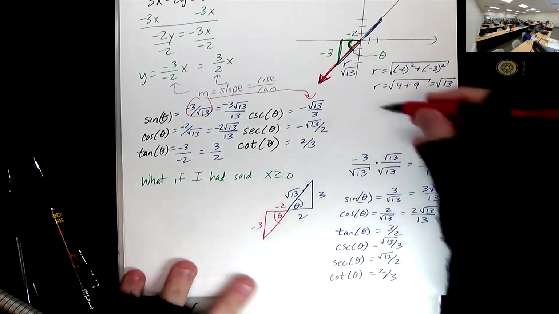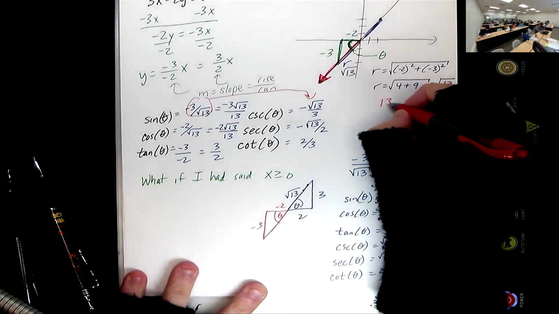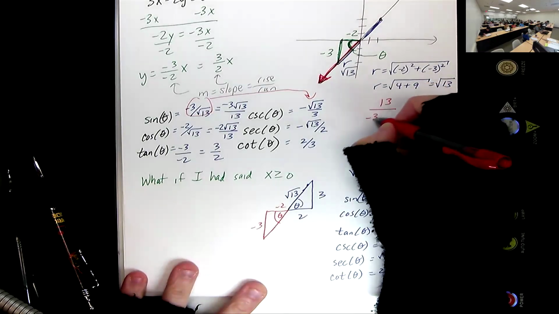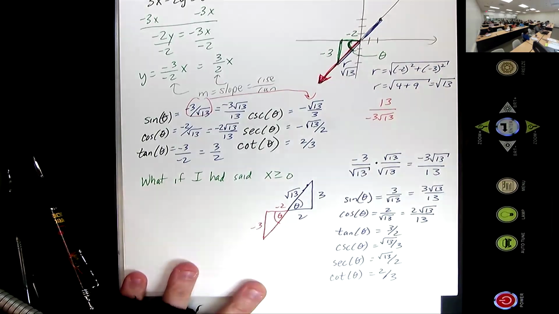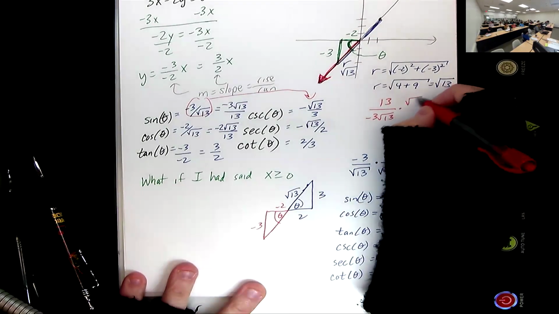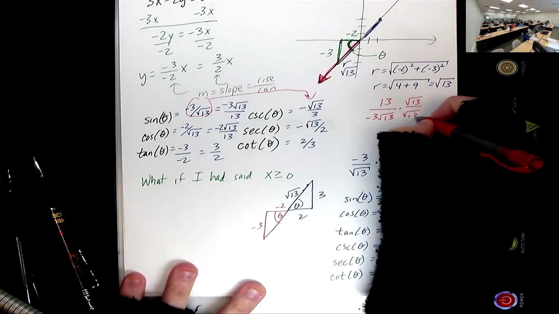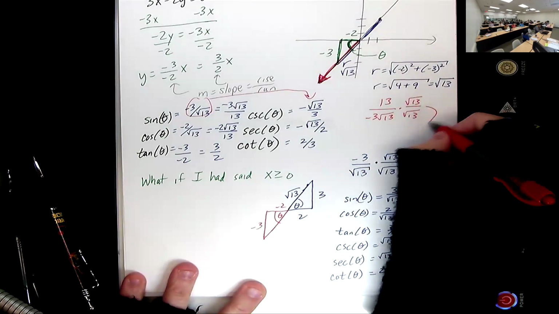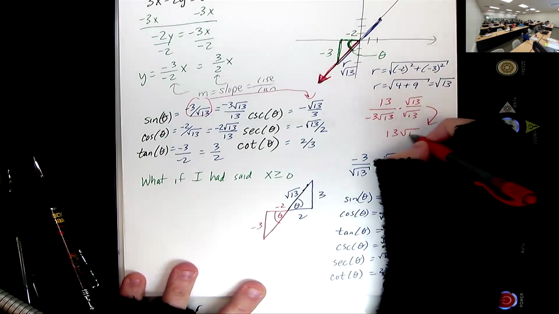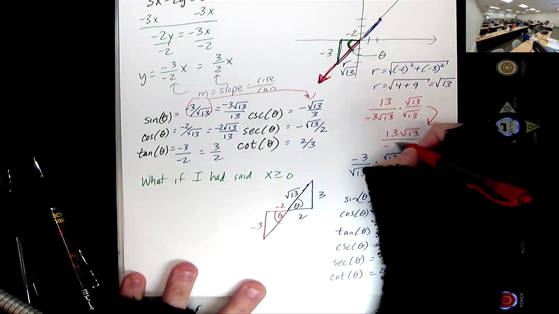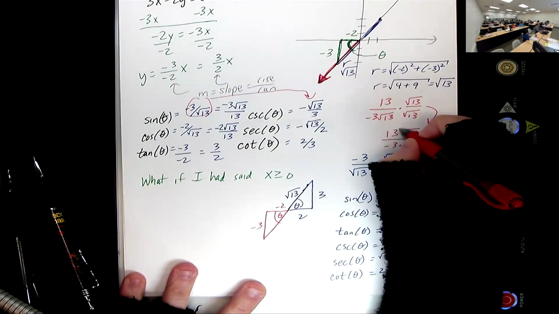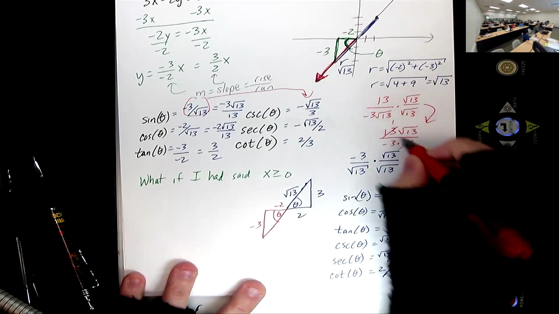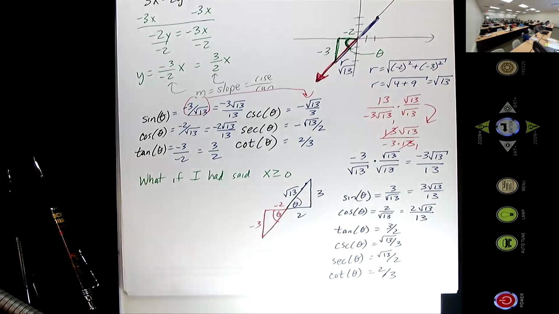Now if you try to do it the other way, if I had done 13/-3√13, you can still get there: you multiply top and bottom by √13. This top becomes 13√13, and the bottom is -3 times 13, and the 13s cancel. So you still get the same result using that one, but it's easier just to flip the other one.